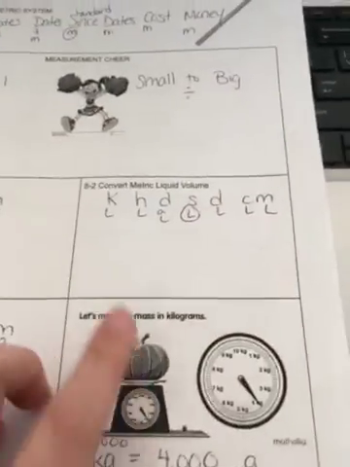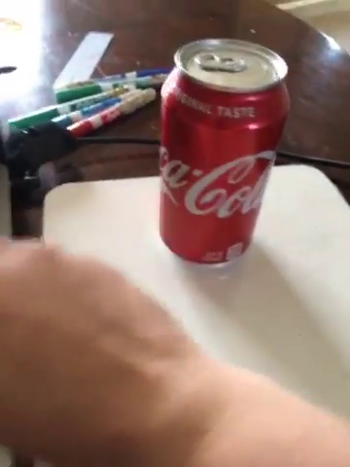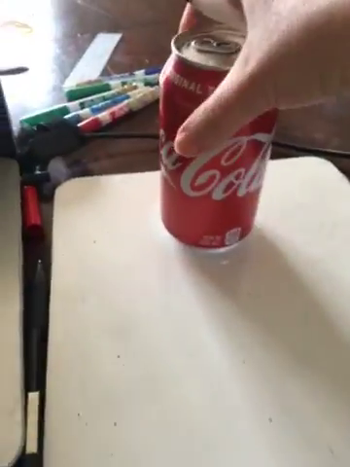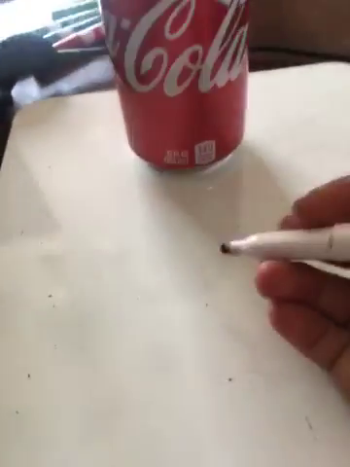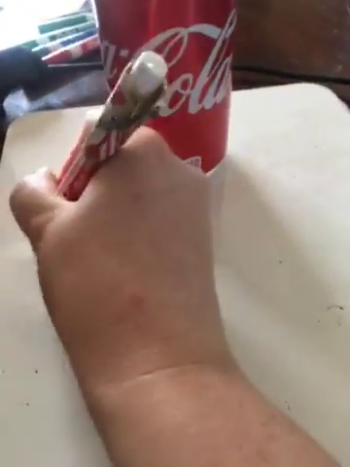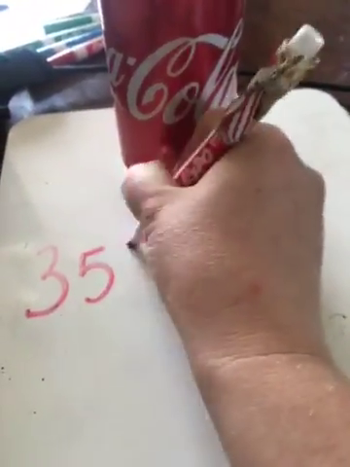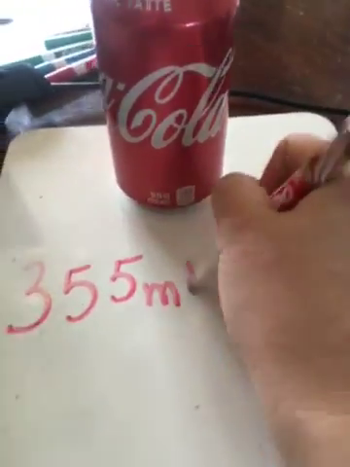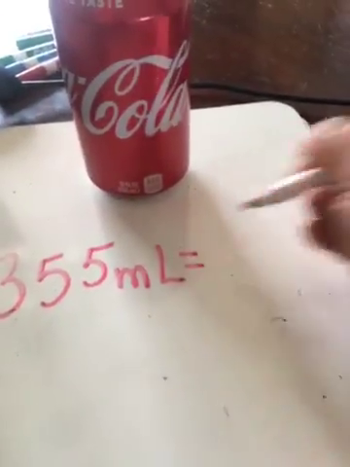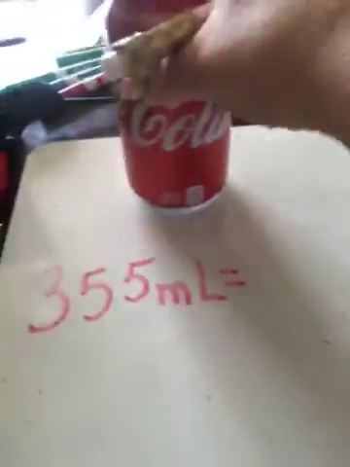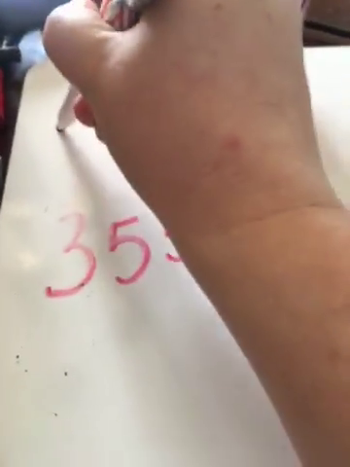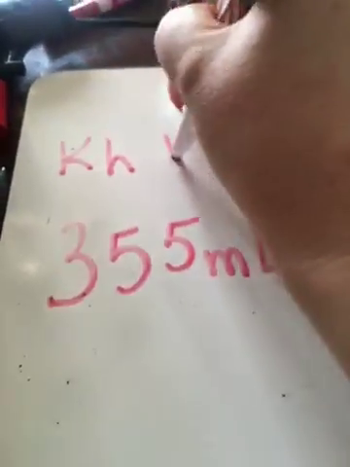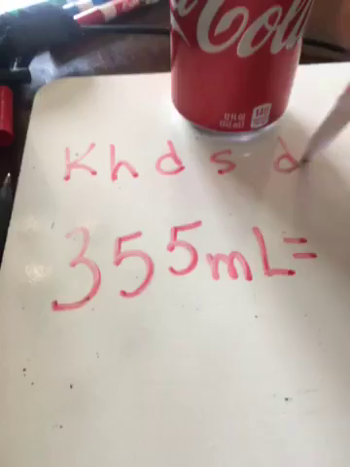Now on our note sheet, I'd like to take some notes about this Coke can. We're going to do some conversions using it. If the Coke can is 355 milliliters, in order to convert it into liters, I'm going to use my Ken-Hate states. KHD, SDCM.